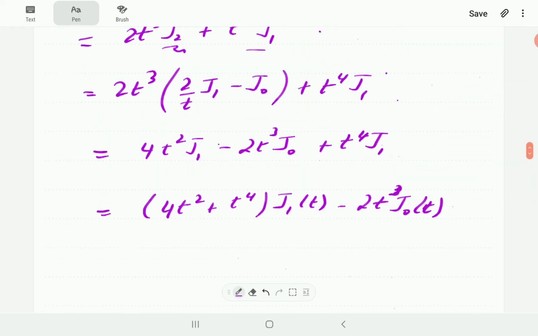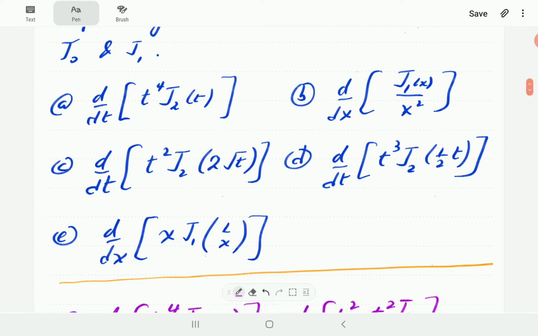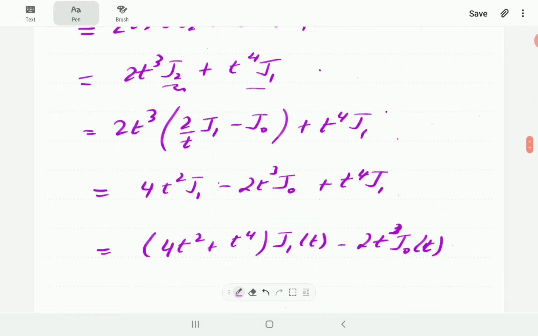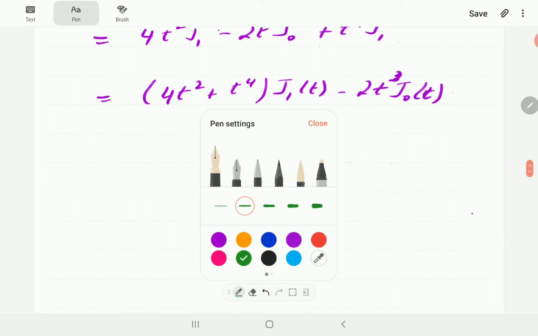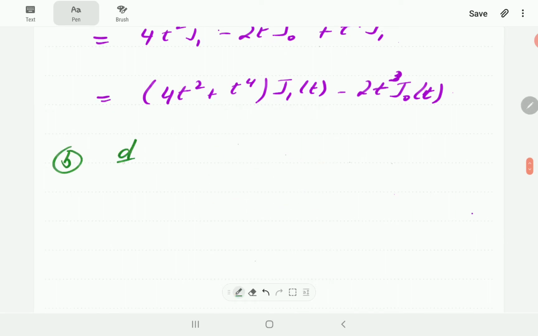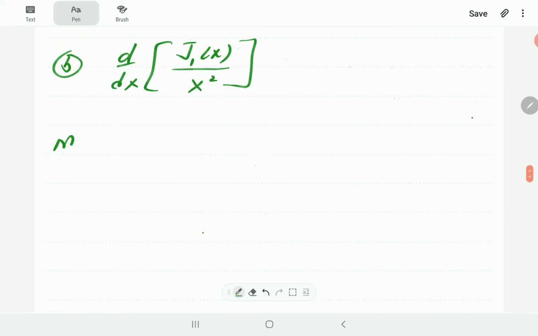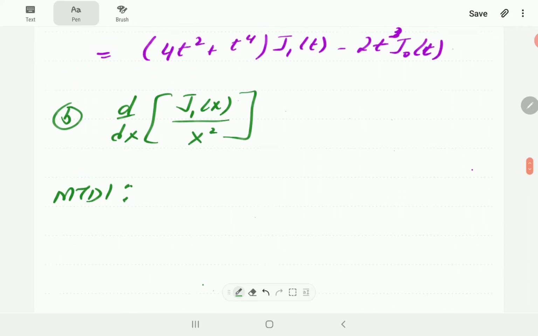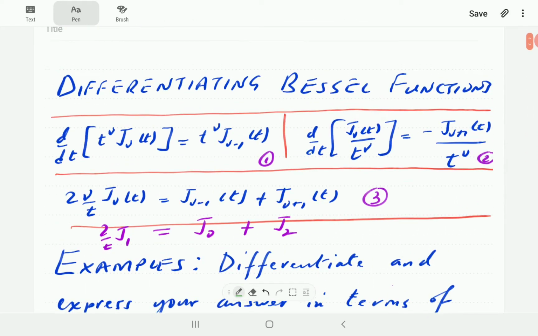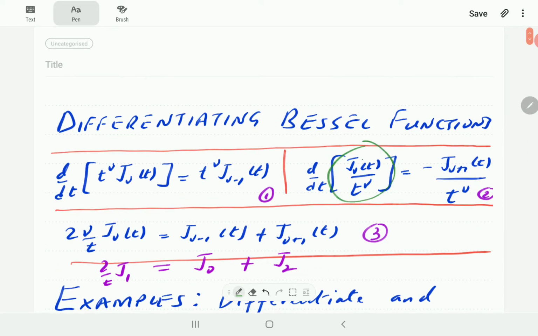Okay, and then in B we have got the derivative of J1 over x squared. So we have got the derivative of J1 of x all divided by x squared. We are going to do this one using two approaches. In the first one, we're going to use the identity involving the negative power, which is this one here.